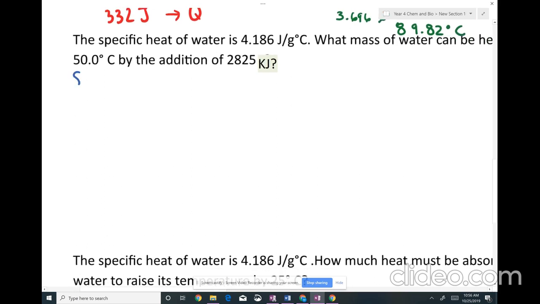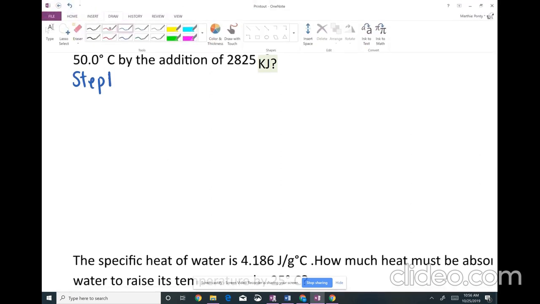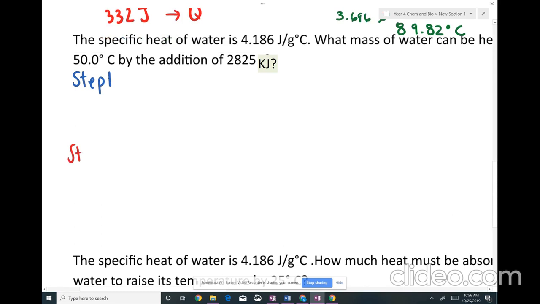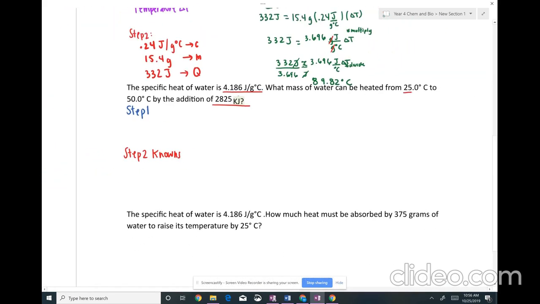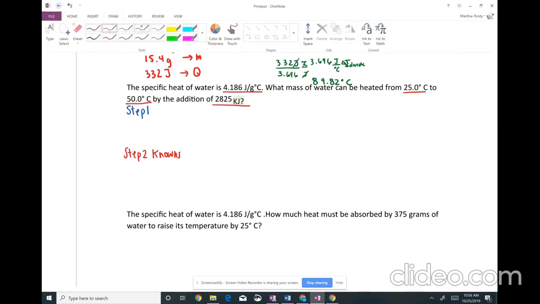Step 1 is our question. So we're going to figure out what they're asking us, and then step 2 is to figure out our knowns. We have all of these numbers that they give us, 25 degrees Celsius to 50 degrees Celsius, and they're asking us what is the mass.